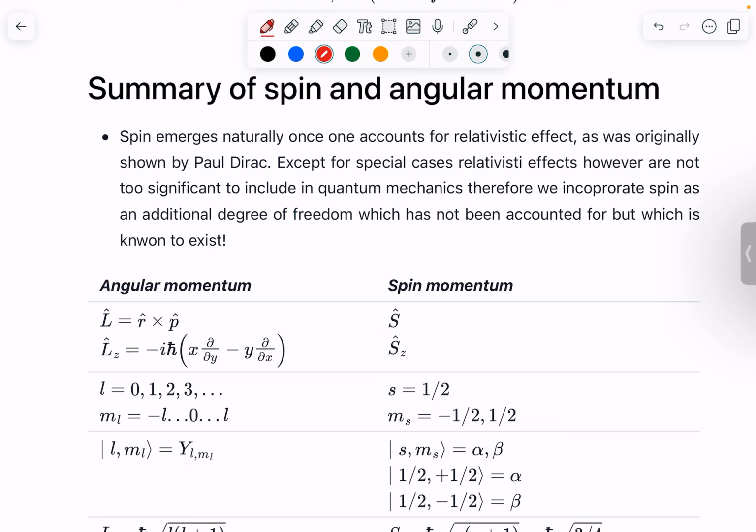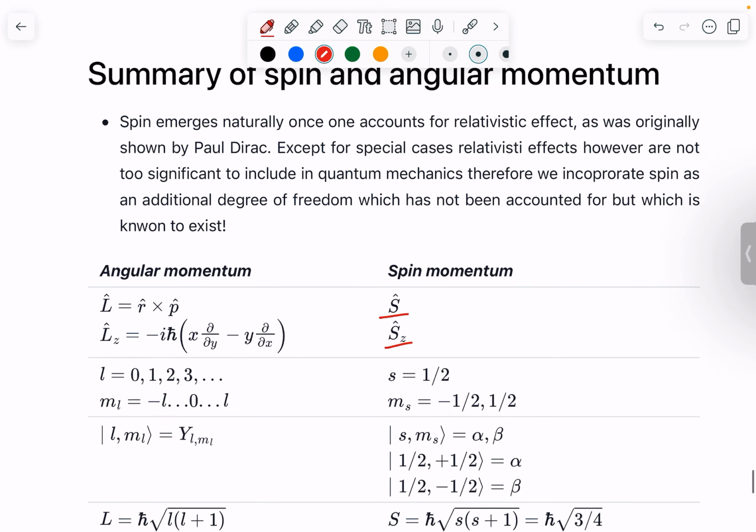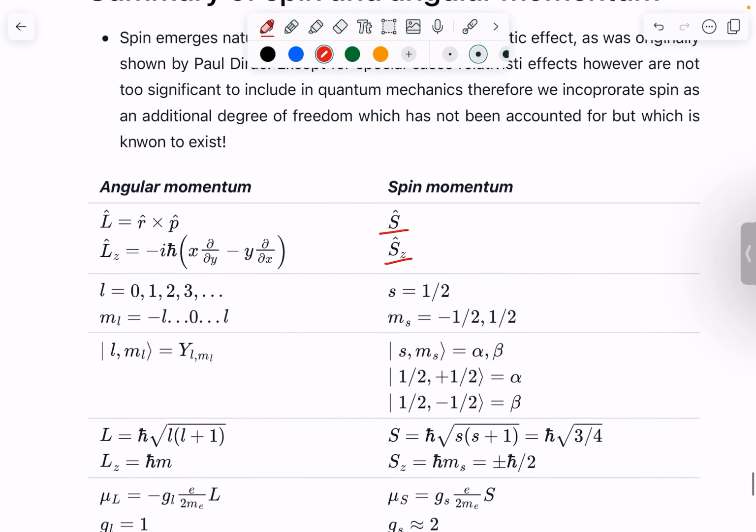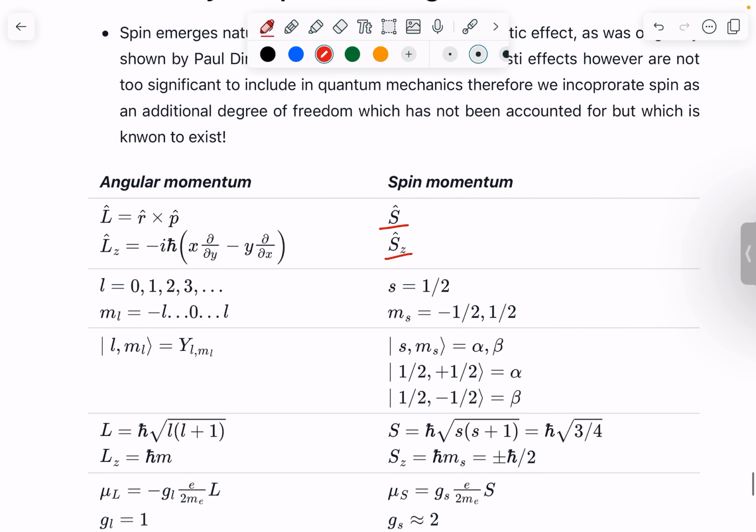And because spin has no classical analog, we have to work back from the experiments and establish its eigenfunctions and eigenvalues. The good news was that the spin operator works the same way as the angular momentum, and they're both sources of magnetism, and they basically differ by the nature of their eigenvalues.